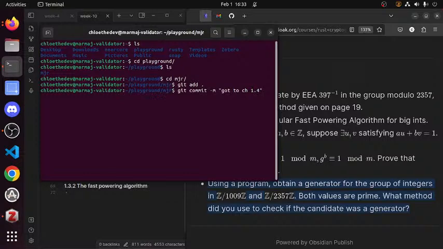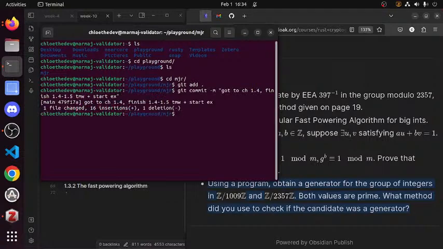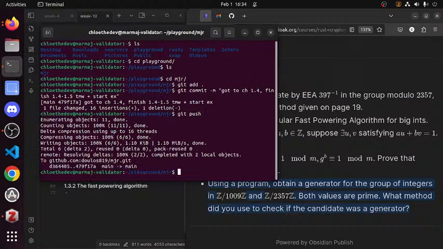So I'm starting from 1.4, 1.5. Finish 1.4, 1.5 tomorrow, plus start exercises. And then I'm not sure if this will work. It should work, maybe. Oh, look, it worked.